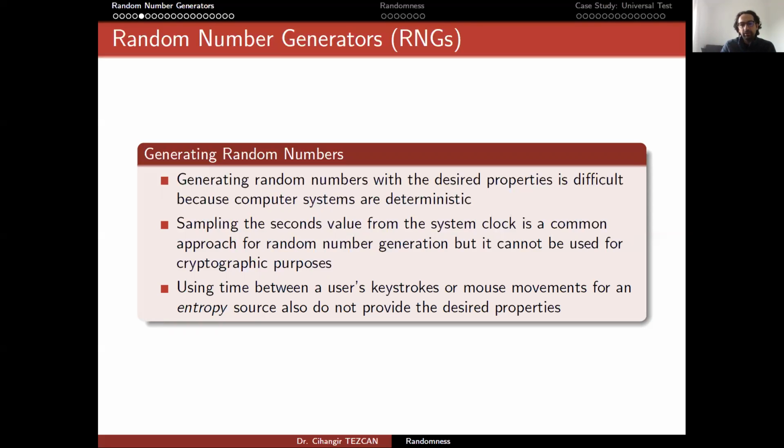It is a good approach, but it is not random, because most of the time you just shake the mouse and produce similar values. But still, it is better than using the seconds value.